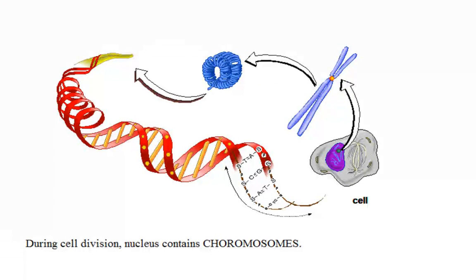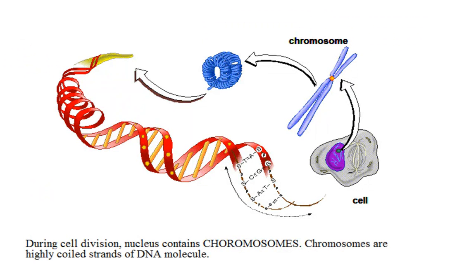During cell division, nucleus contains chromosomes. Chromosomes are highly coiled strands of DNA molecules. DNA molecules carry the genetic code.